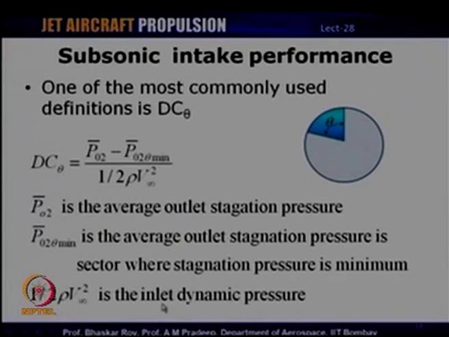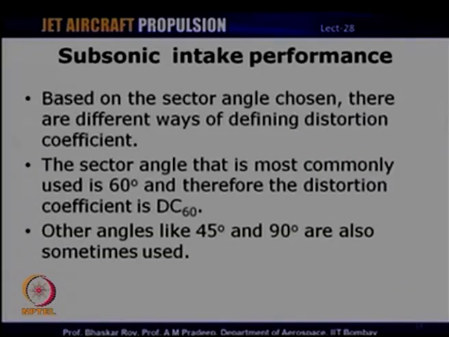This divided by the inlet dynamic pressure gives us DC theta. So, the theta I have shown here corresponds to that sector where the average stagnation pressure is minimum, which means we will have to scan this entire circumference for the sector theta where the pressure is minimum.